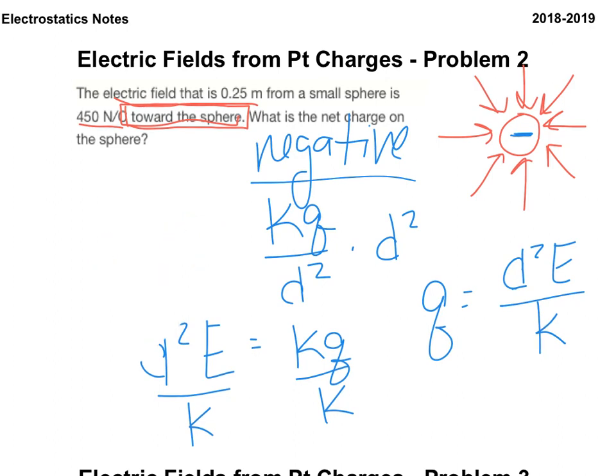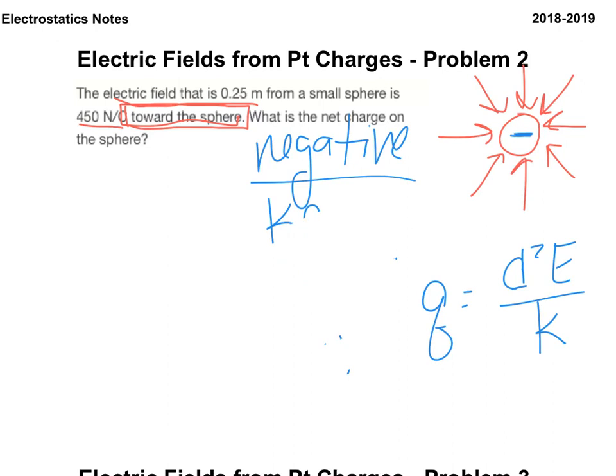So I'm going to clear some space here so that I can now sub in those values and figure out what Q is. Because remember we said Q is equal to D squared. All right, what's my distance? It's 0.25 meters squared, multiplied by the electric field strength.